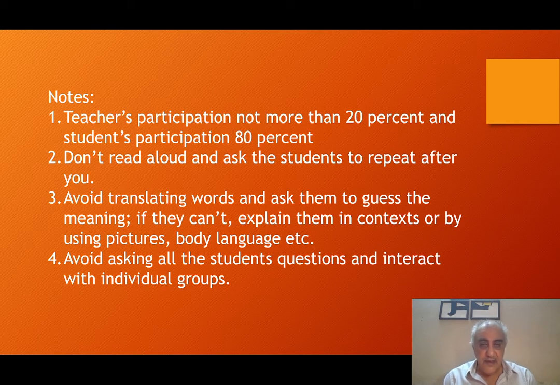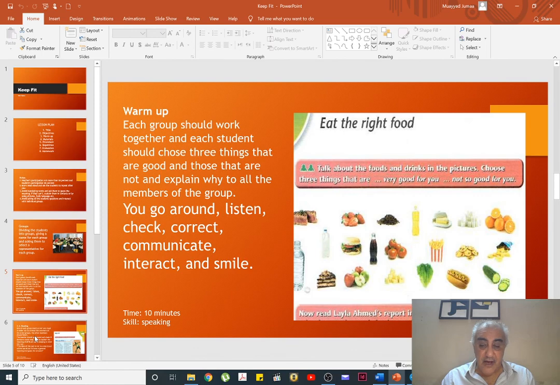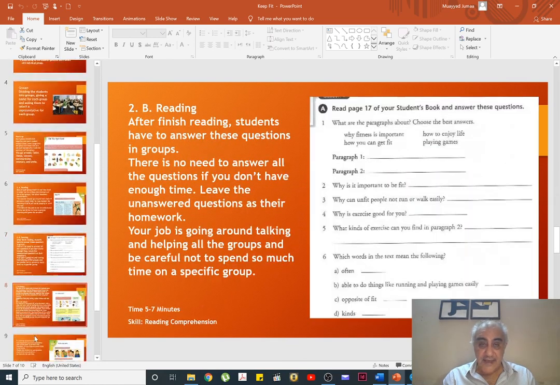Okay. Secondly, don't read aloud and ask the students to repeat after you. Please don't do this. Okay. I know that many teachers are doing this. All right. So please don't do that. Don't read aloud. With some exceptions, maybe, if we are talking about the part of listening.